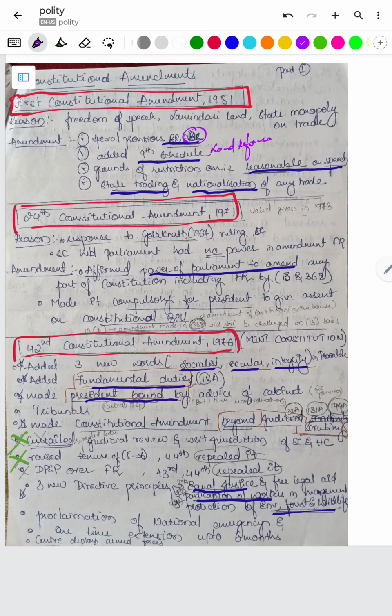Now let's move on to the next one. Constitutional Amendment 1971, which is the 24th Constitutional Amendment Act, in response to the Golaknath ruling. The Supreme Court held that there is no power of amendment of fundamental rights.